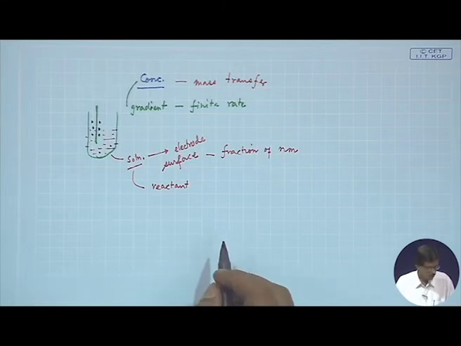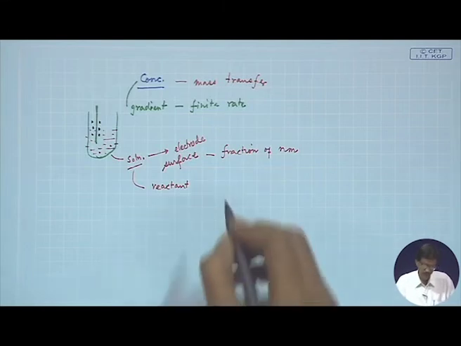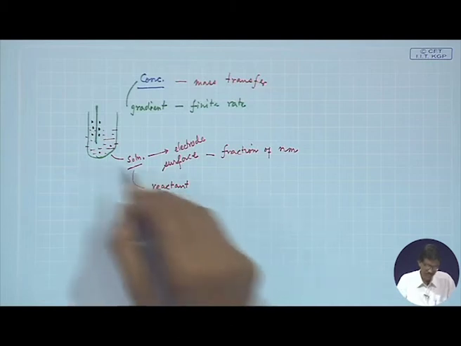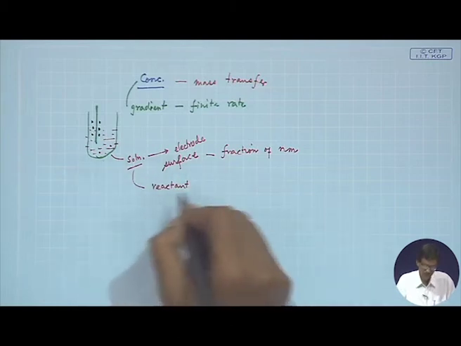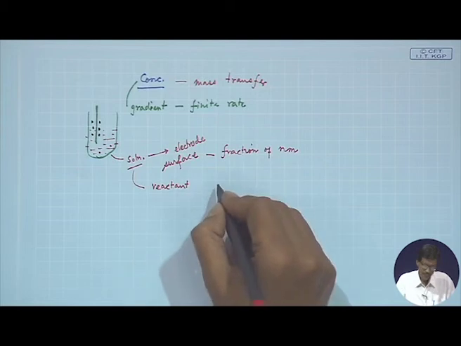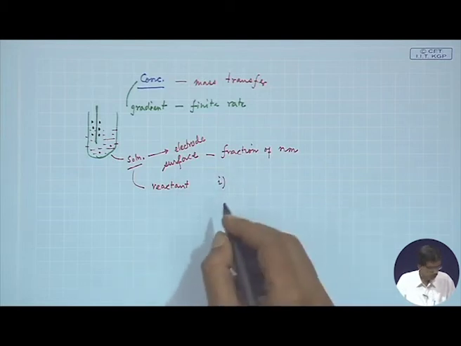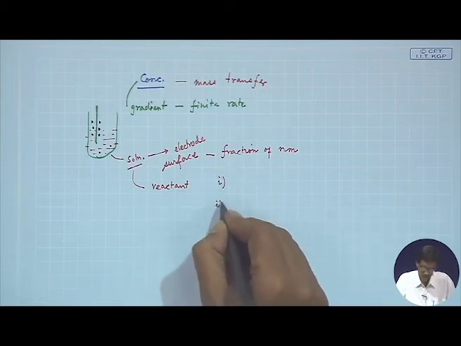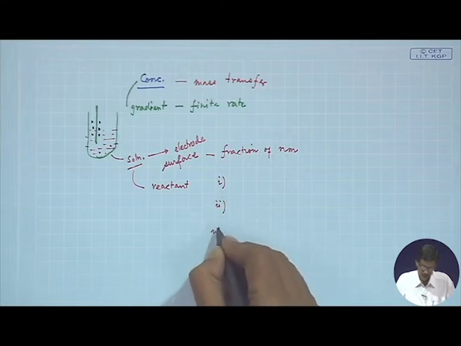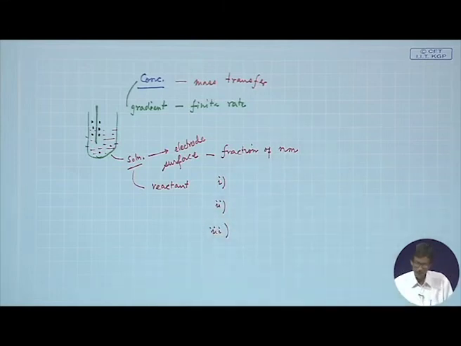So, the mass transfer process is there, and the reaching of the reactant to the electrode surface, that means the transportation of the reactant, is dependent on several factors, like one, two or three we can consider right now.